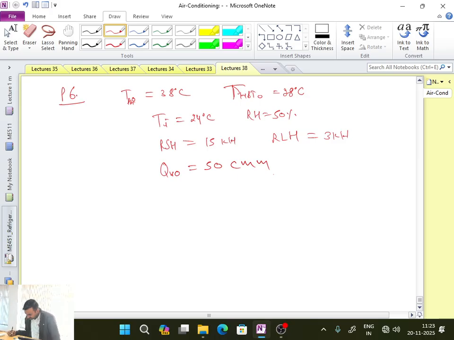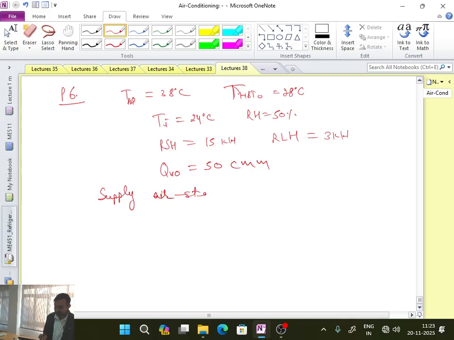We need to find the supply air state and the dehumidified air quantity. So what parameters do we need to calculate? We need to calculate the supply air state and the dehumidified air quantity. What do you mean by dehumidified air quantity? QS. Fine.